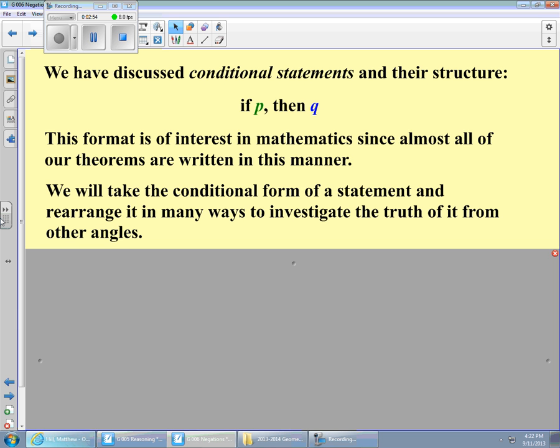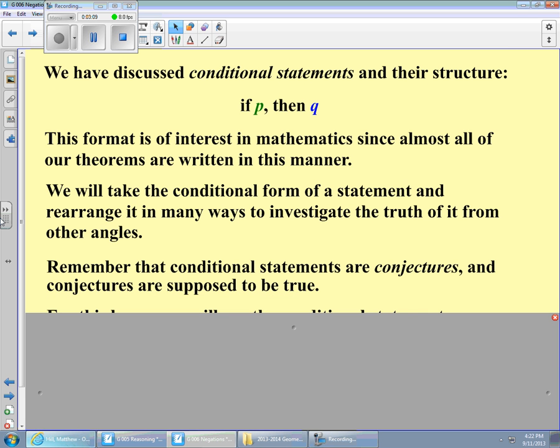We are going to be scrambling up some of our statements in different ways, and those are the negations, and then we'll reread them after they've been scrambled up and decide how much truth there is to those statements. So again, remember that conditional statements are conjectures, and conjectures are supposed to be true. That's review from last time.